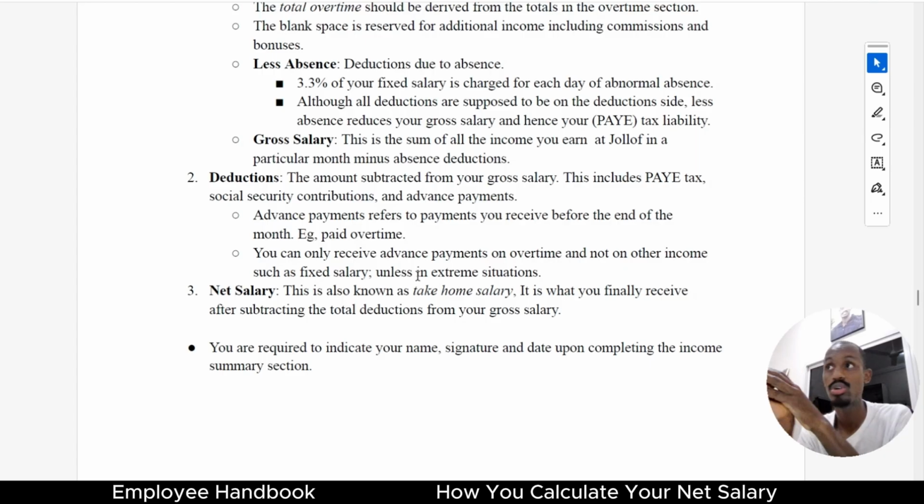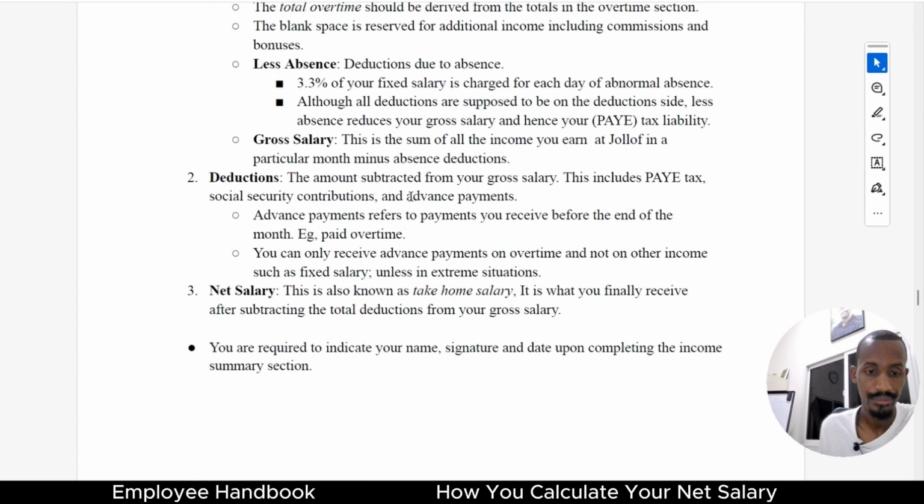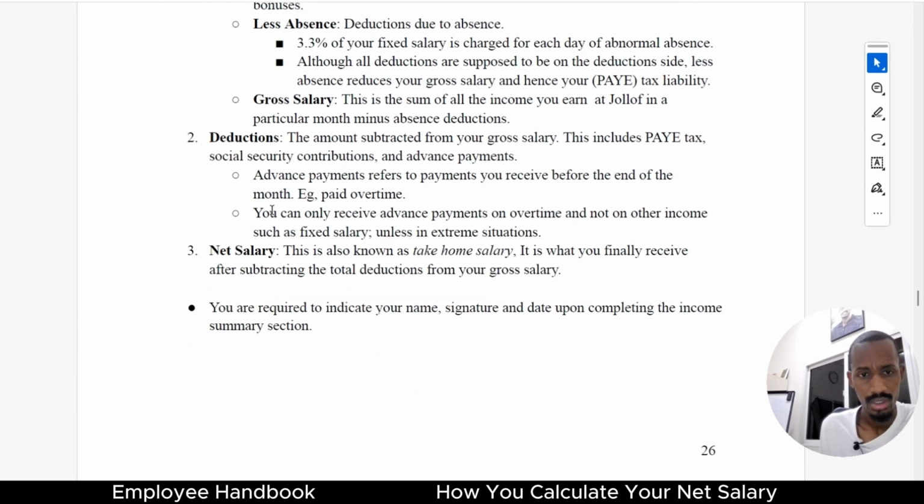Probably you should go to your neighborhood shop and ask them to lend you, and the company will give you a reference letter that you will receive your salary at the end of the month to help you. But the company does not give you money on your end-of-month salary, unlike other types of payments. So when the company does this, it is a form of advance payment, overtime paid. That's why I say you can only receive advance payment on overtime.